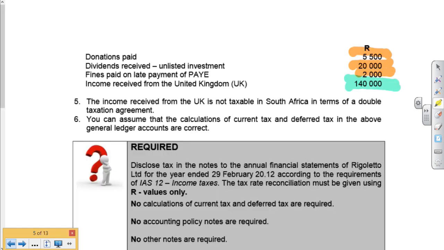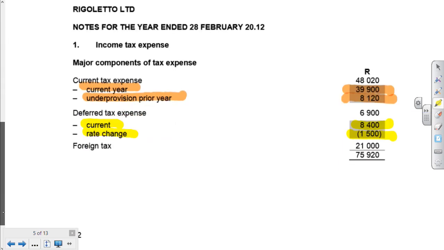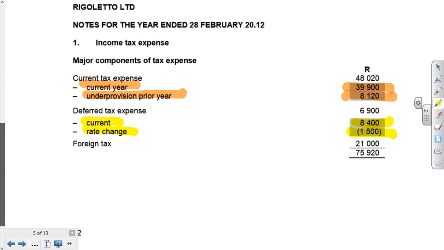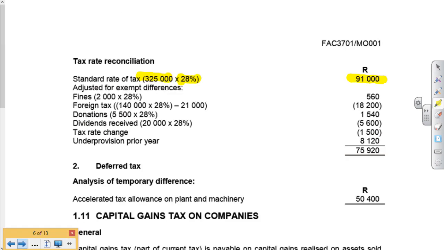However, when I look back at my tax note, this is what I have as tax. Here's my foreign, 75. So my recon reconciles between the 91 and the 75. I have to explain to shareholders why, if I'm accounting for tax in accordance with accounting rules, my tax isn't 91, it's only 75.